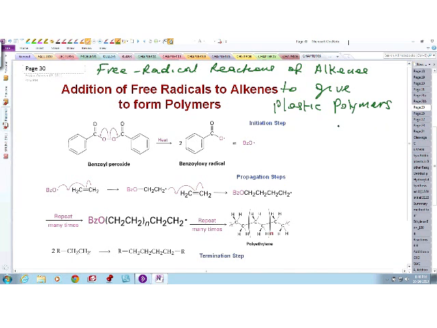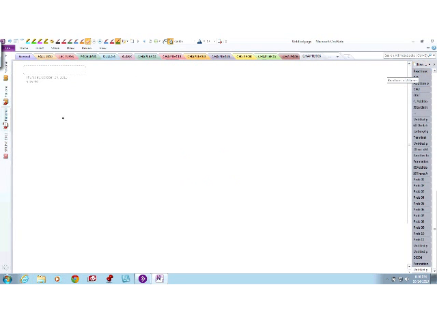Okay, polymers are of course long chains of molecules, very big molecules, made up of small units of molecules. I'll come back to this. Okay. Polymerization reaction.